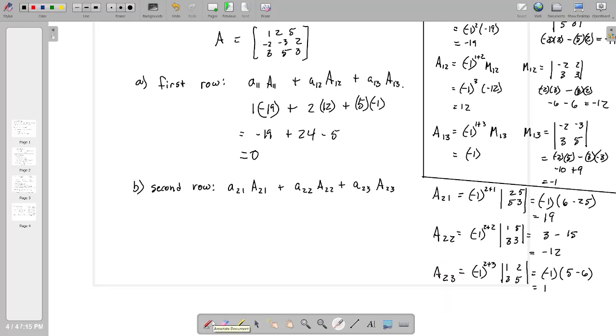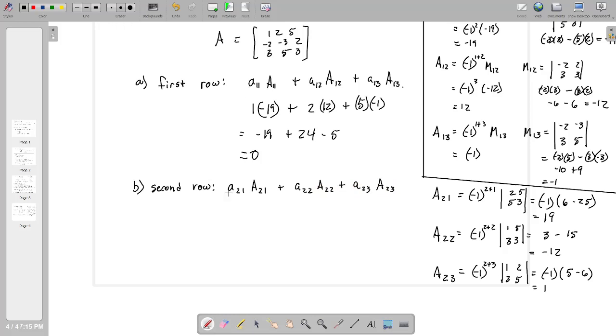Now remember how we find the determinant of this matrix. A sub 2,1 times the cofactor a sub 2,1 plus a sub 2,2 times the cofactor a sub 2,2 plus a sub 2,3 times the cofactor a sub 2,3.